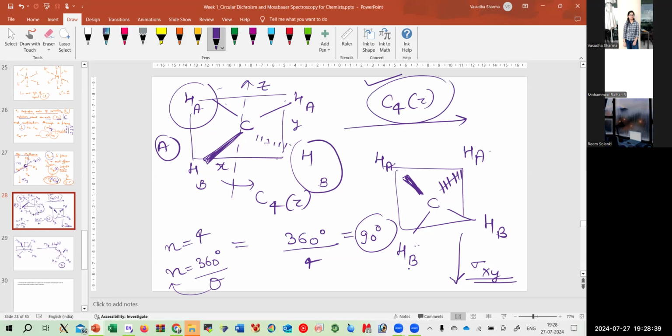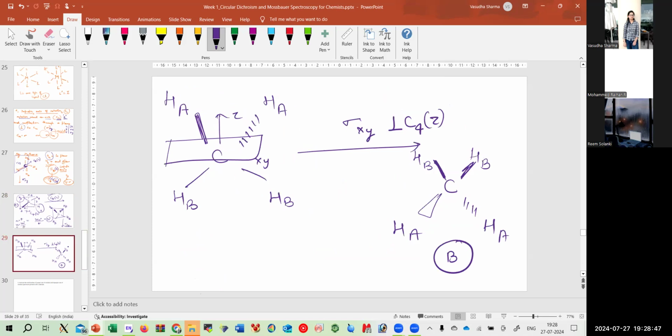These elements could exist or could not exist in that particular molecule, but ultimately after giving both the operations, we should be having an equivalent configuration, and therefore we say CH4 has an S4, the improper axis of rotation. So this element is present in this particular system.